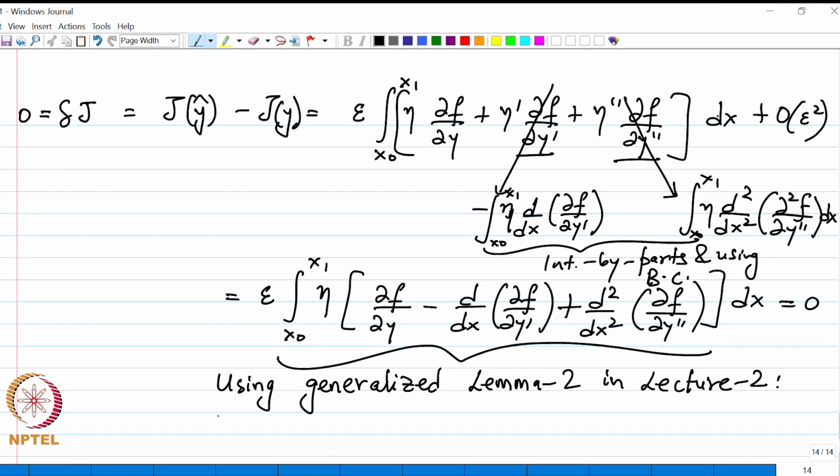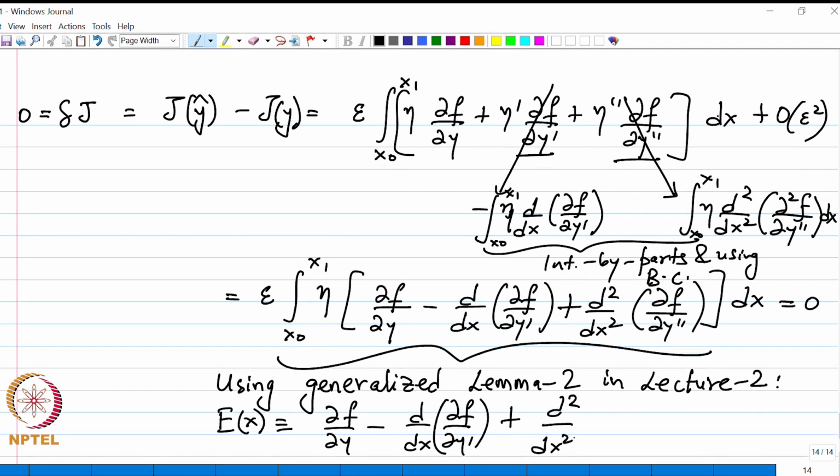Let me denote this bracketed quantity as E of x, which is identically equal to del f del y minus d dx of del f del y prime plus the second derivative with respect to x of del f del y double prime, and this is set equal to 0.